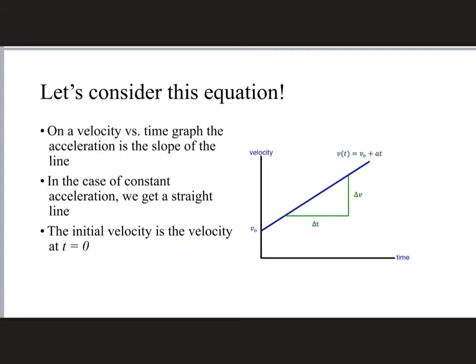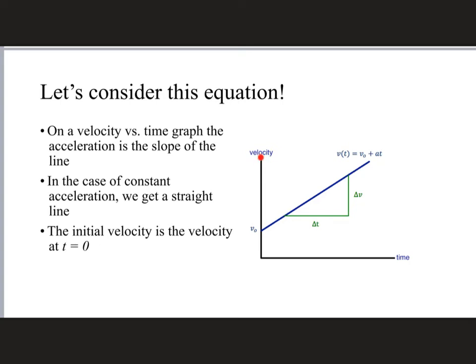Now, if we think of v as a function of time, we can plot velocity versus time. So I have the velocity as the y-axis, and time as the x-axis, and my velocity function as a function of time is v naught, the initial velocity, plus at. Now v naught is just a constant value, and a is the acceleration, and t is the time.